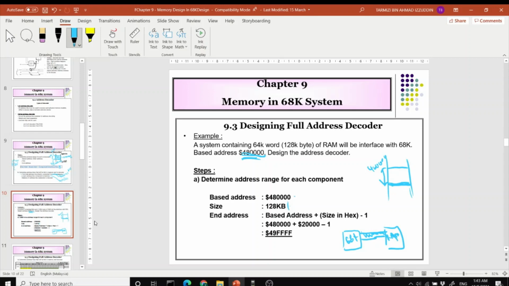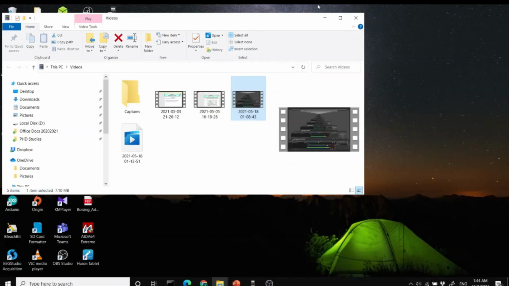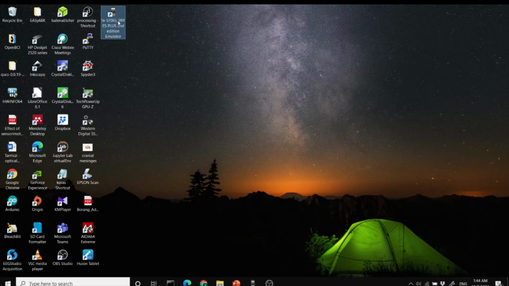In this case, our base address is 480000 plus 128 kilobyte converted in hex, minus 1, and we will get 49FFFF. In order for you to see this clearly, let's look at how we're going to calculate this.